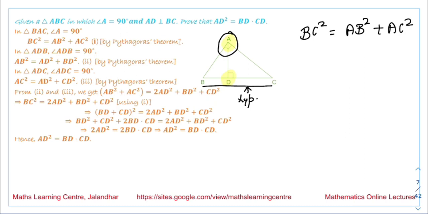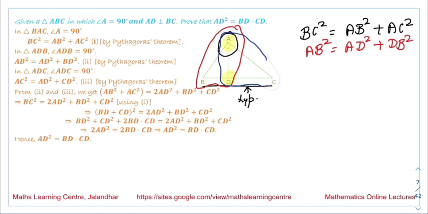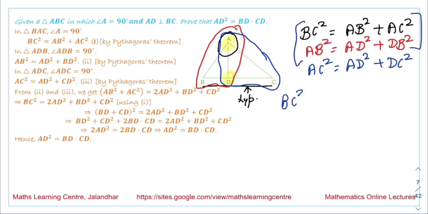Next, in the triangle ADB, AB square is equal to AD square plus DB square. Next, for this third triangle, we have AC square equal to AD square plus DC square. Now, from the first two equations, we get BC square equal to AD square plus DB square plus AC square.